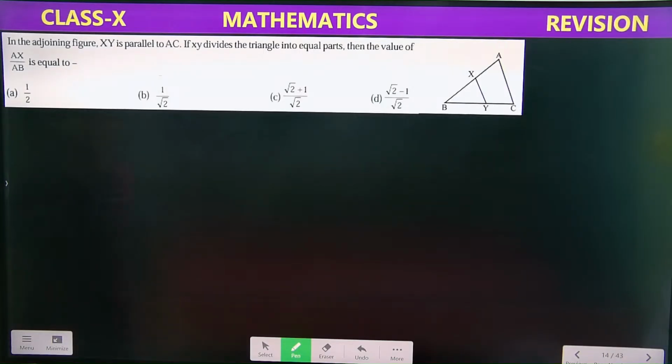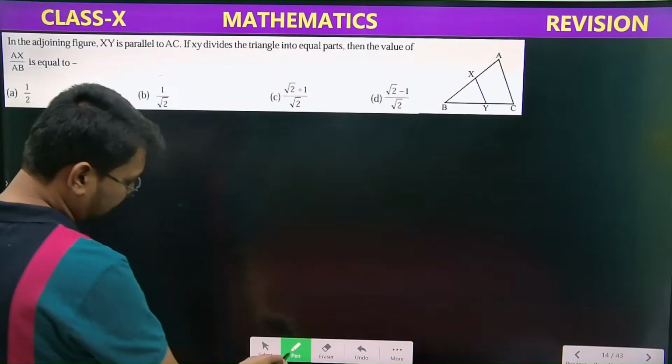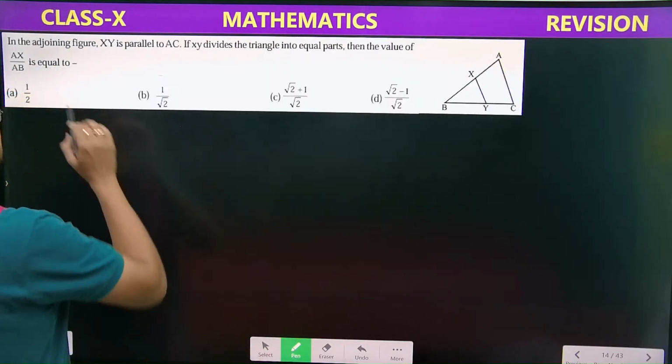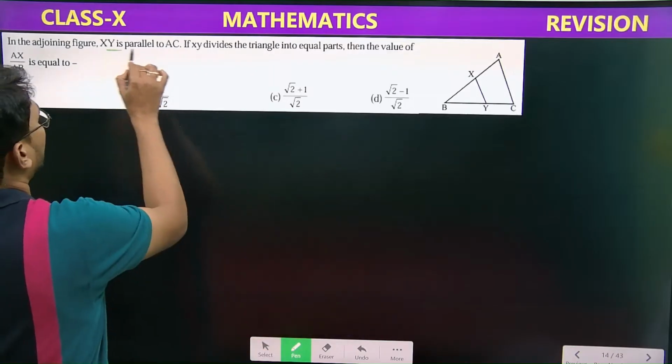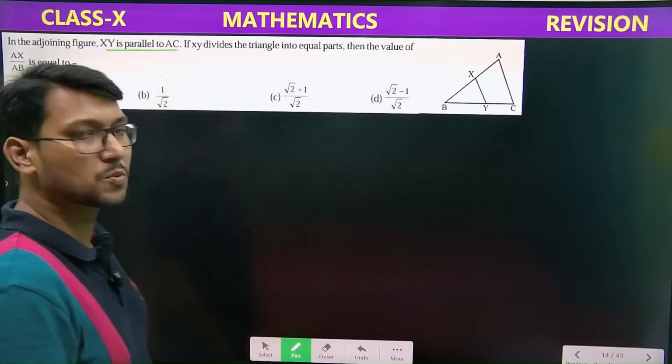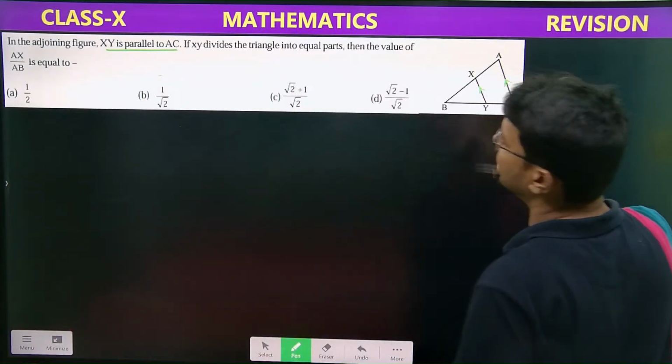ठीक है. चलो. Now see बच्चों, in this triangle in the adjoining figure, XY is parallel to AC. Check karo. This one is parallel to AC.